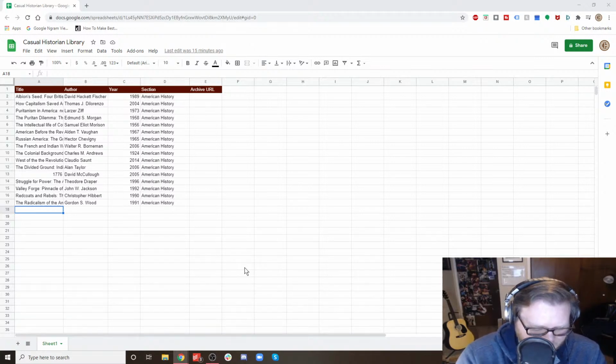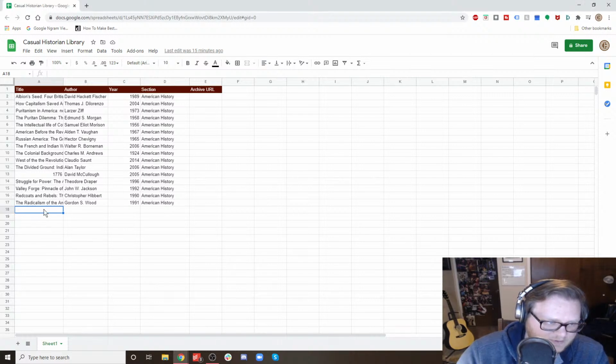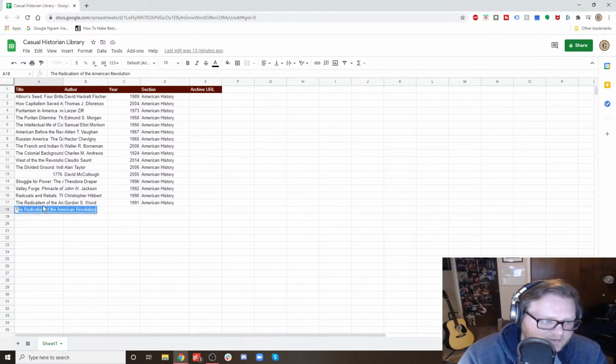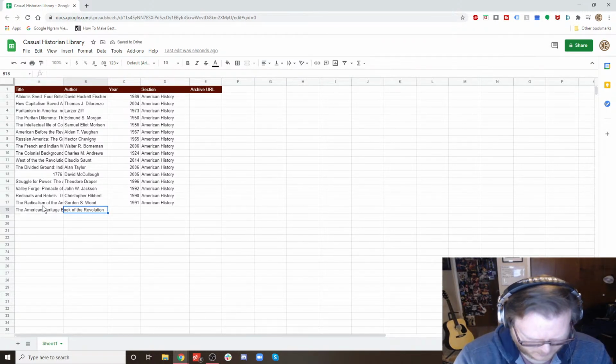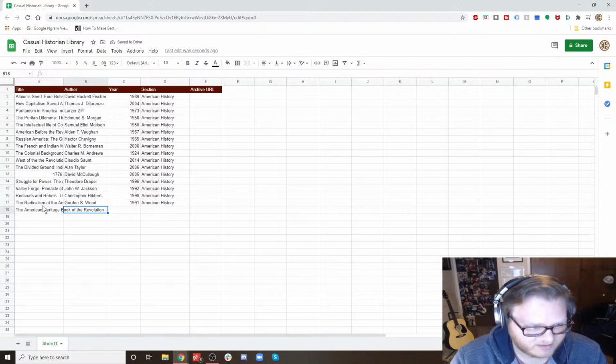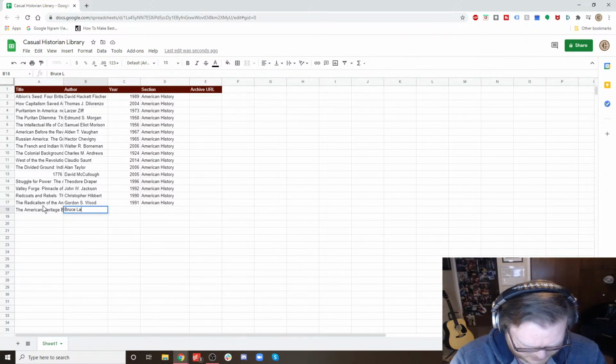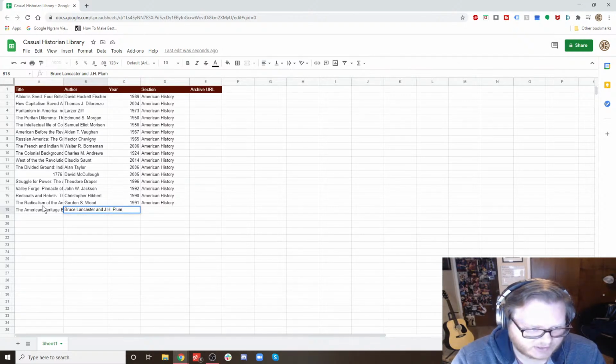The American Heritage Book of the Revolution by Bruce Lancaster and J.H. Plum.